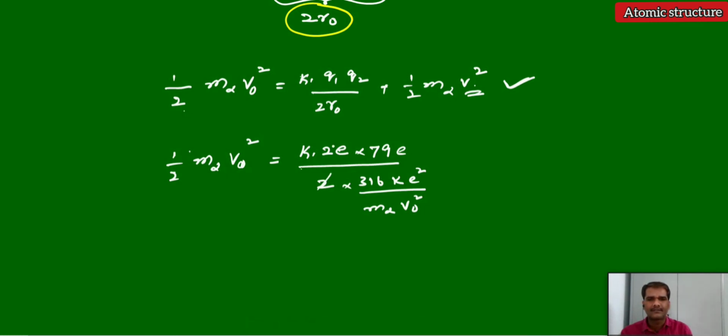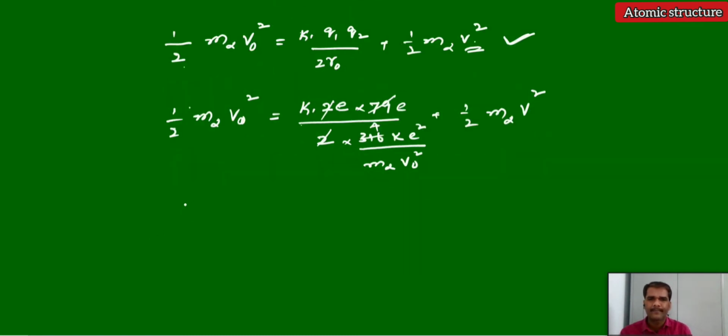From this, the 2 will cancel out. 79, this is 4 times this of M alpha V square. Then what value is left here for half M alpha V naught square?